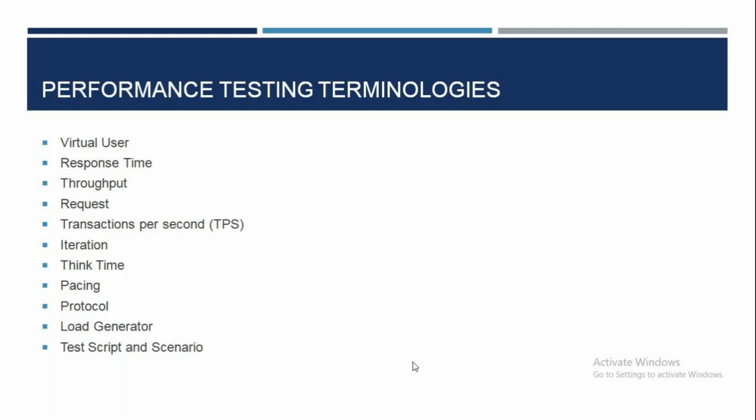Then we have another term, that is pacing. Now, what is pacing? Now, see, in between the different transactions, like let's say launch and login, then login, search product, book product. So these all are my transactions, right? Launch, login, searching a product, booking a product.